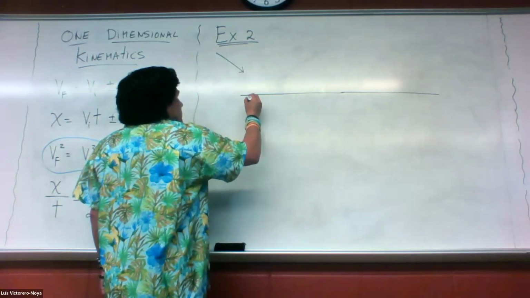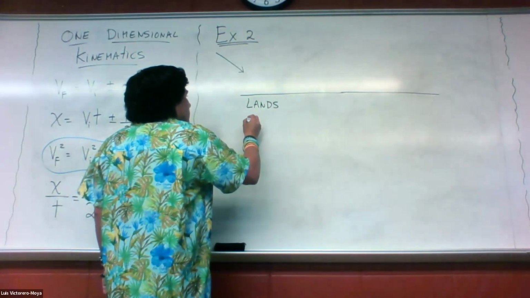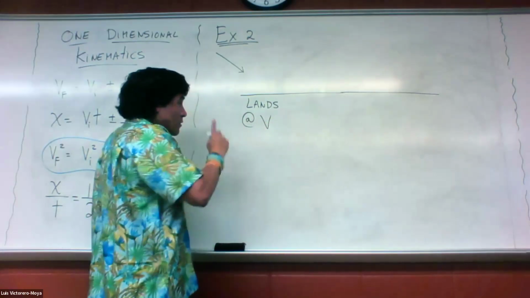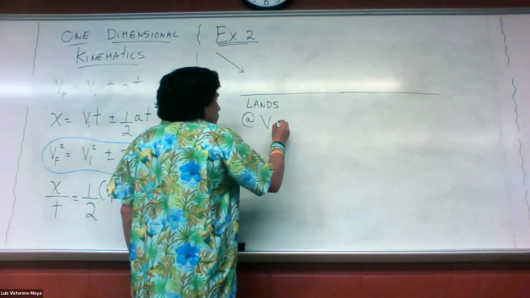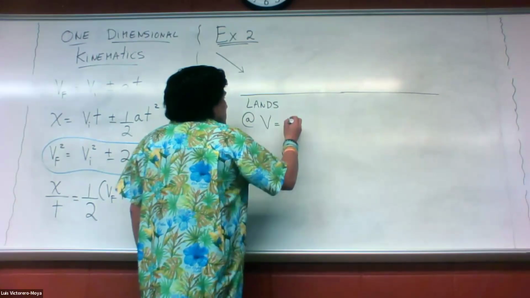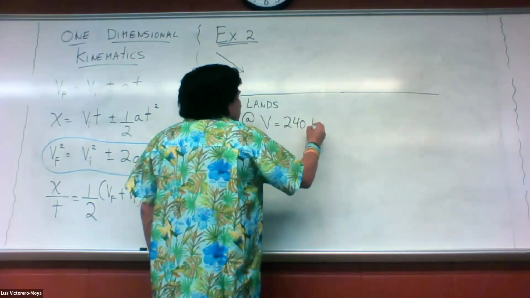It lands at a speed, so now no velocity, one with speed, at a speed of, say, 240 kilometers per hour.